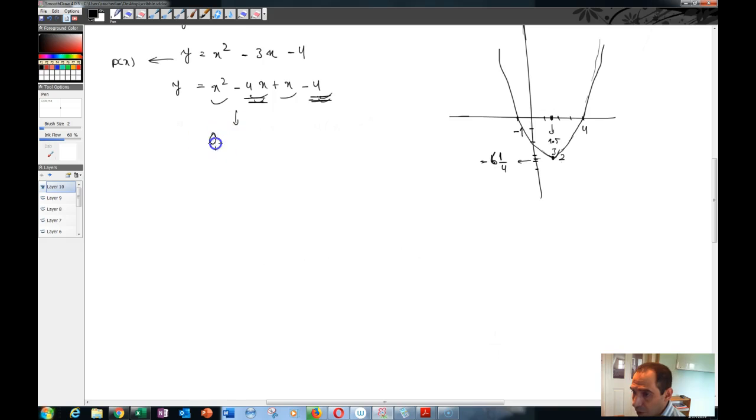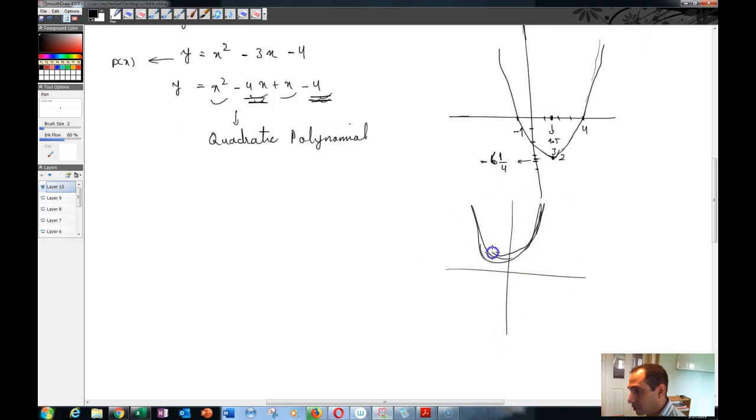This was called the quadratic polynomial, as this graph over here, and you see that the graph is opening upwards, and the graph could have basically two different states, either opening upwards or downwards, meaning that it could be something like this, or something like this.